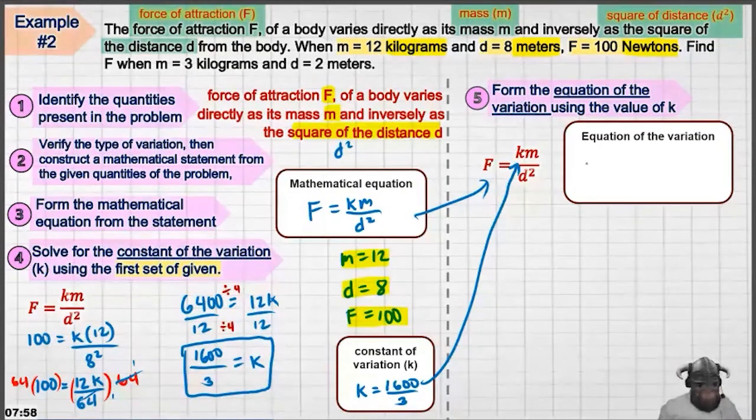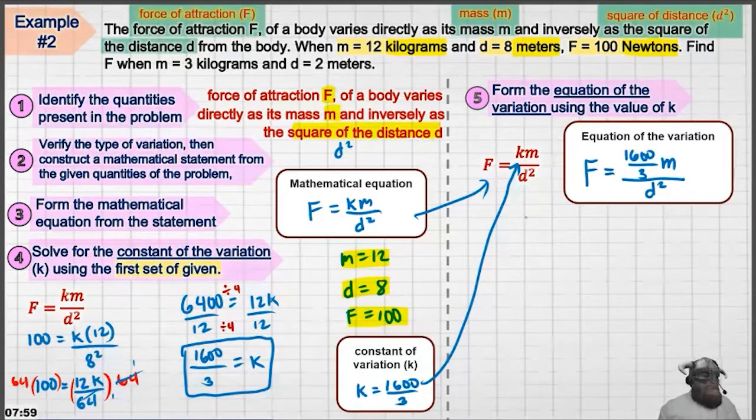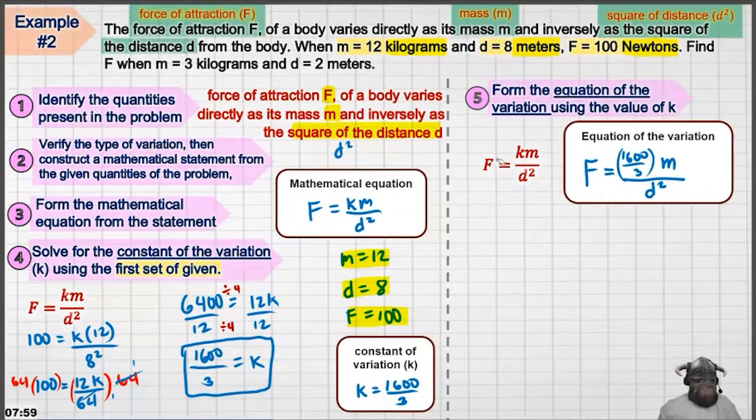Ganun pa rin naman yung steps, hindi magbabago. So F, lakihan ko lang kasi mataas to or malaki. 1,600 papalit natin sa K over 3 times M all over D squared. Yan. 'Di ba? So ganun pa rin. So kung gusto nyo, pwede nyo gawing 1,600 over 3. So lagyan nyo ng parenthesis para isolated talaga siya.